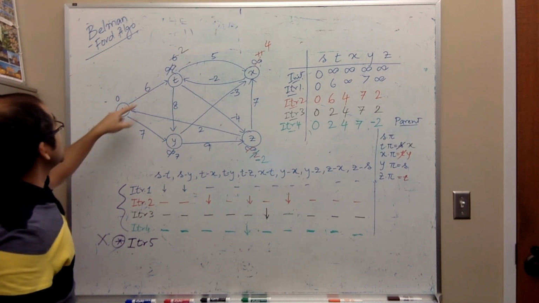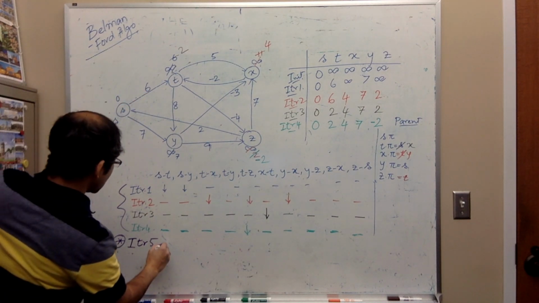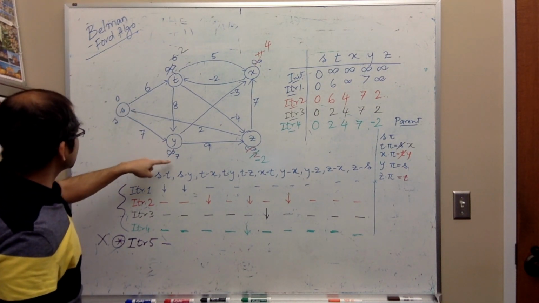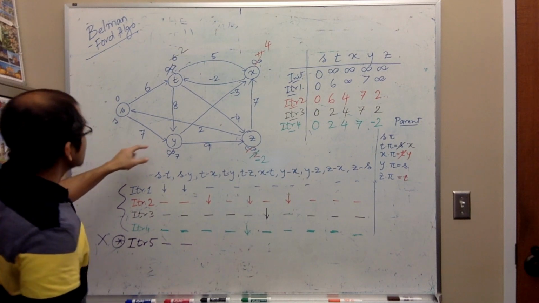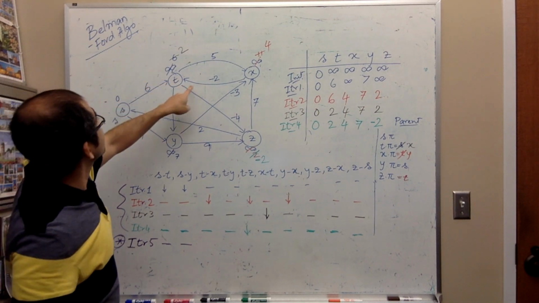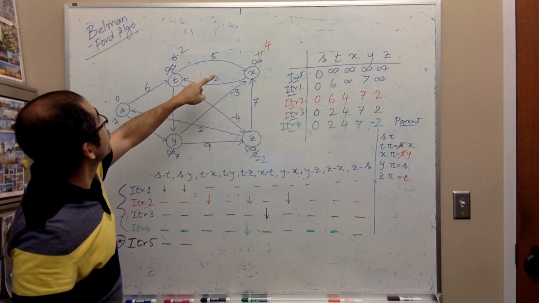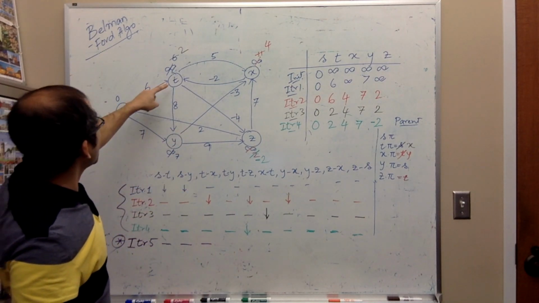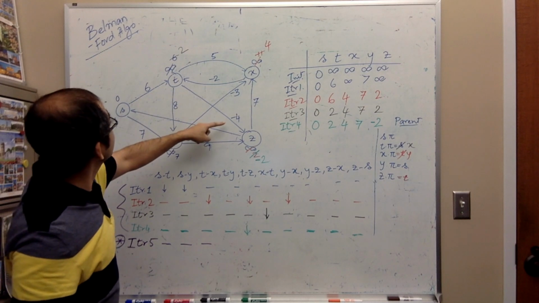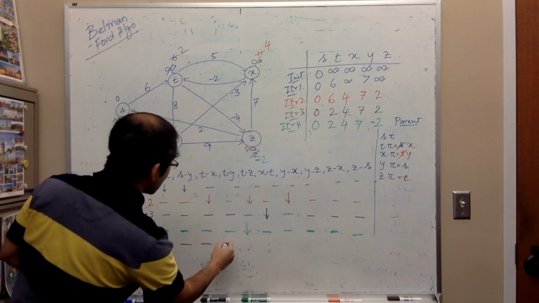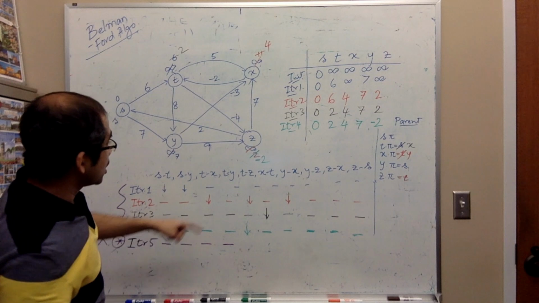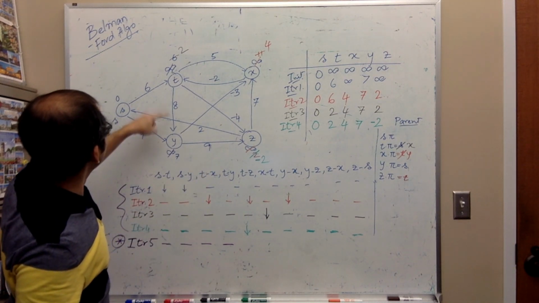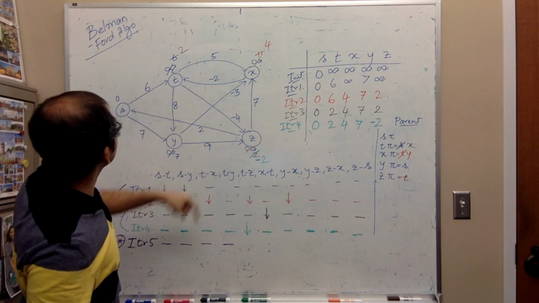See, S to T is 6, so no change here. S to Y is 7, so no change here. T to X is 2, 5, 7, so no change here. T to Y is 2 minus 4, which is minus 2, already there, no change. T to Z is also no change.